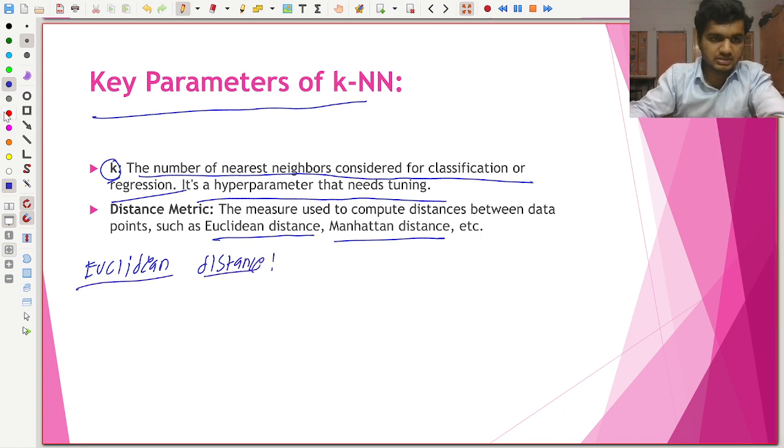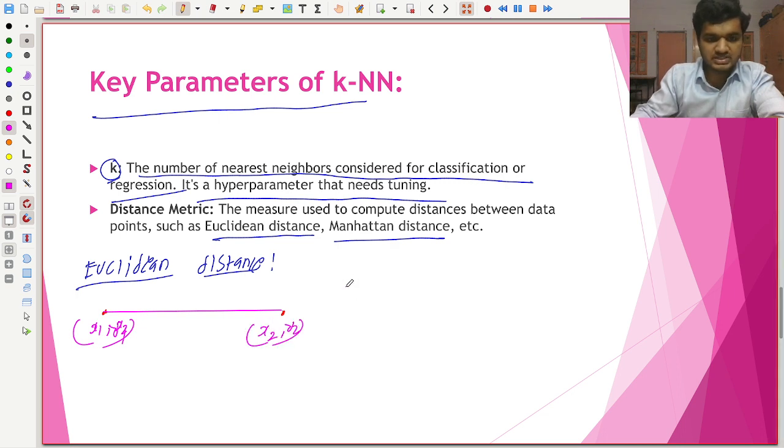Euclidean distance. In Euclidean distance, suppose there are 2 points and you draw the line like this, and it is your x1, y1, and it is your x2, y2.